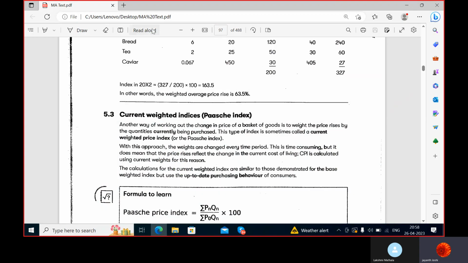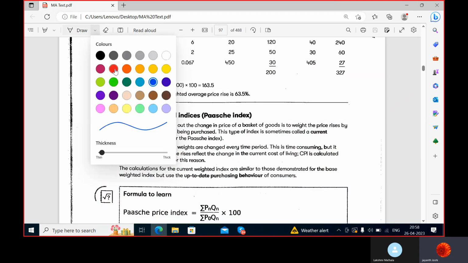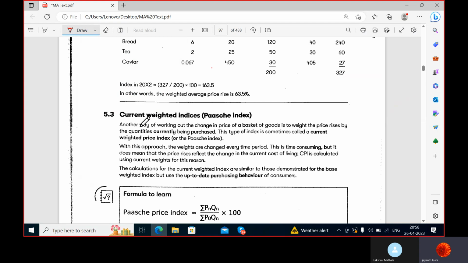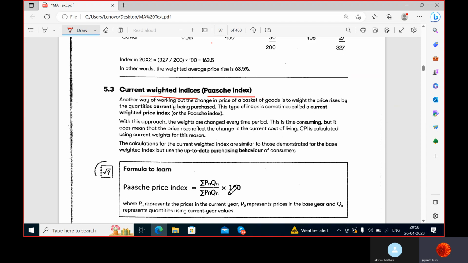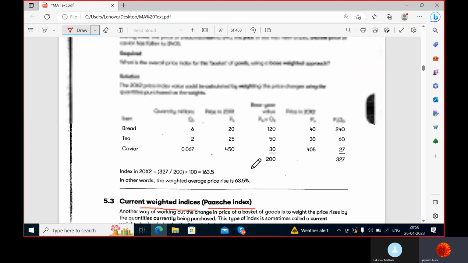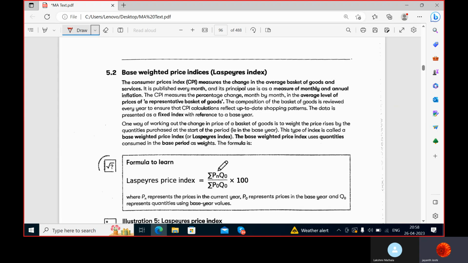So we are into the next topic of weighted average indices, that is the Paasche index. In the last index, we took the base year quantities, current year price, and base year price.